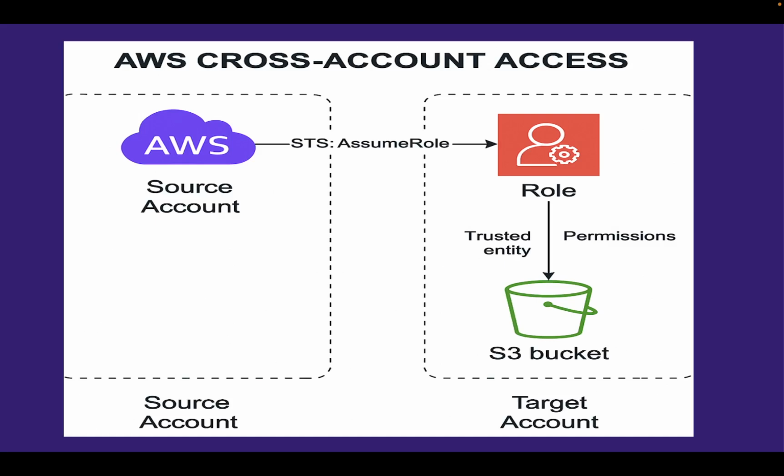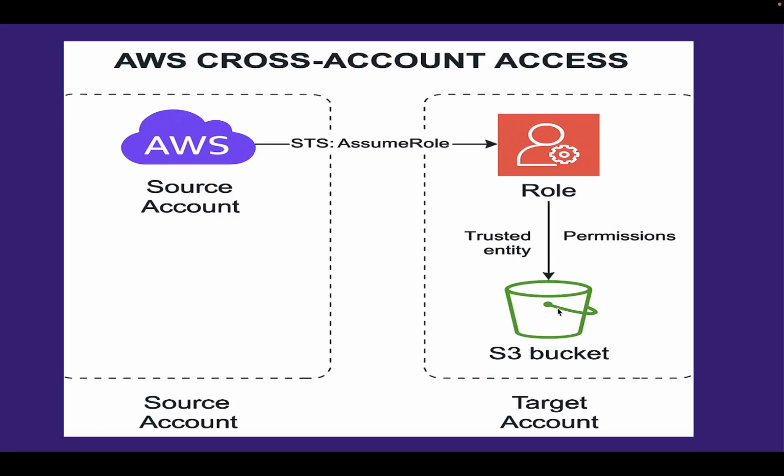A trusted entity means your account will trust the other account. So you put the partner's account ID in here as a trusted entity, and then you attach permissions to the role. Therefore, when the partner assumes the role, they will have permission on the bucket.